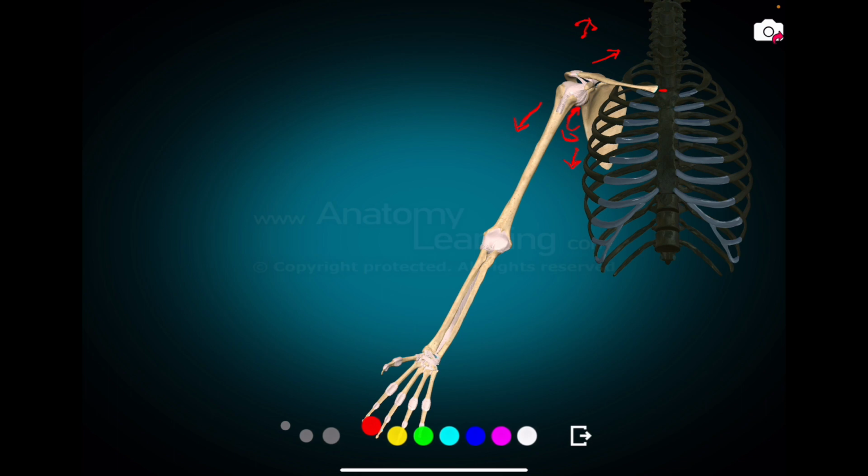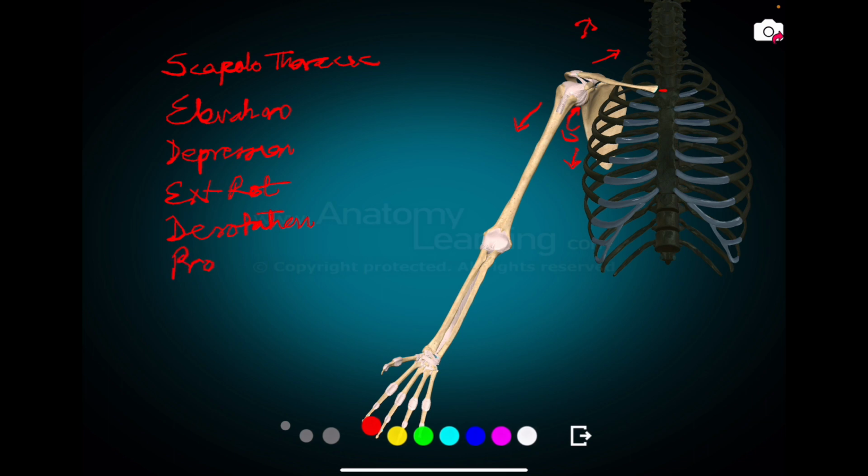So, what are the scapulothoracic movements? Elevation, depression, external rotation, derotation, protraction, and retraction.